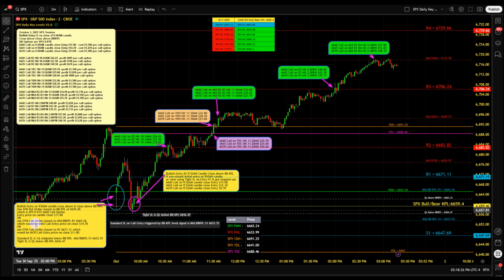And we have what we outlined here, or use out of the money call strike closest to mid BBKPL R1, 66.6526, which would be the 66.65 call. The entry price on the close of this candle for that call was 14.70. And finally, the furthest out of the money strike based on the R1 level, 66.7111, is the 66.70 call. And the entry price on this candle close for the 66.70 call was 11.80.